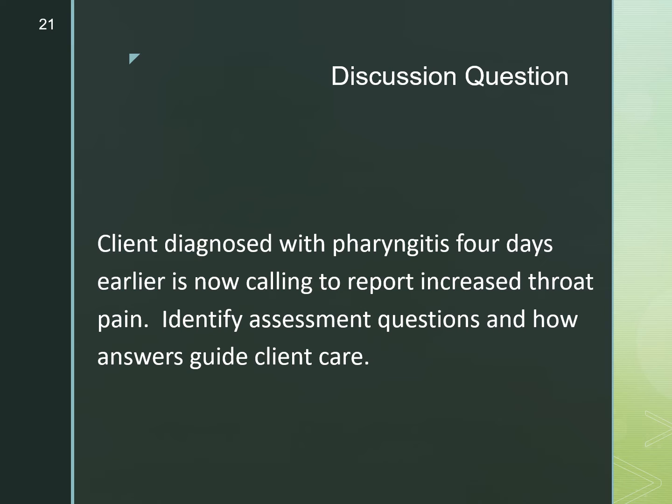If that's the case, then maybe they have caught an infection from someone, potentially strep throat. Have you had a fever? Are you coughing anything up? What types of treatments have you done at home that may help guide us in the treatment that we're after, etc.